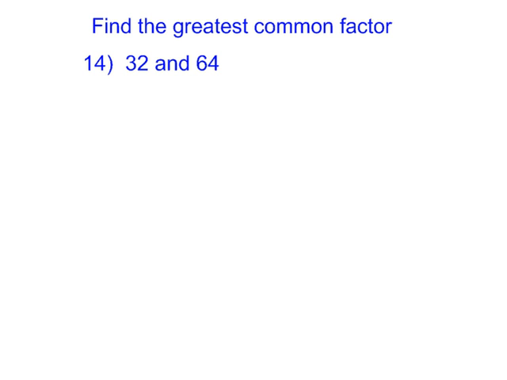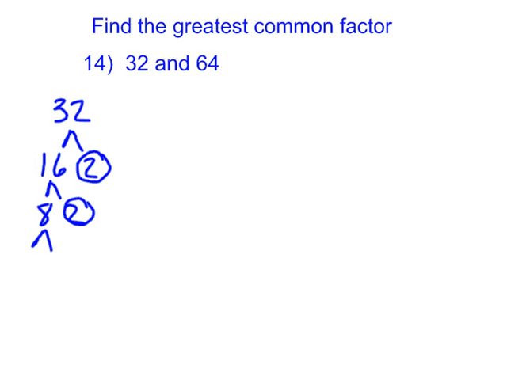All right, we've got to find the greatest common factor, and we're going to use method 2 for this. And method 2 is where we use prime factorization to find it. So we're going to do 32, and we're going to do the prime factorization. So that would be 16 and 2. And 2 is a prime number. 16 we can create by 8 times 2. 8 we can create by 2 times 4.